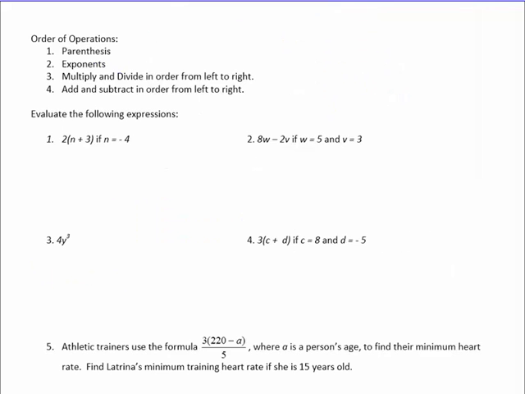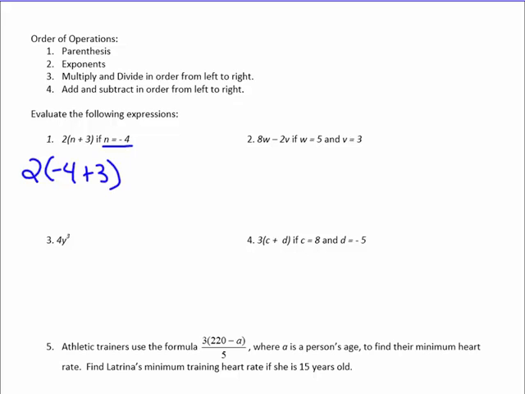So, more order of operations. We just practiced this in the last chapter, but now we are going to have a variable. If you have a variable in here, the first thing we have to do is substitute in. We have to take whatever they tell us the variable equals and put it into the expression. So instead of 2 times n plus 3, we take out the n and put in -4. So we're going to have 2 times -4 plus 3.